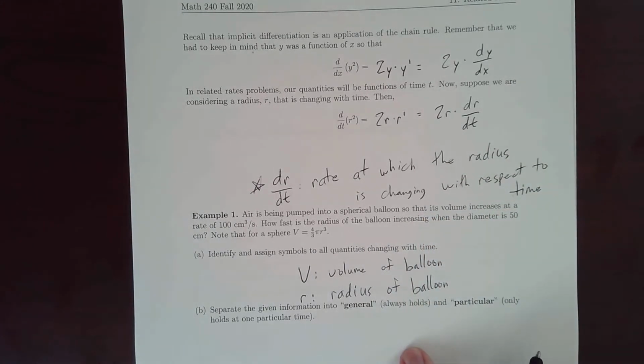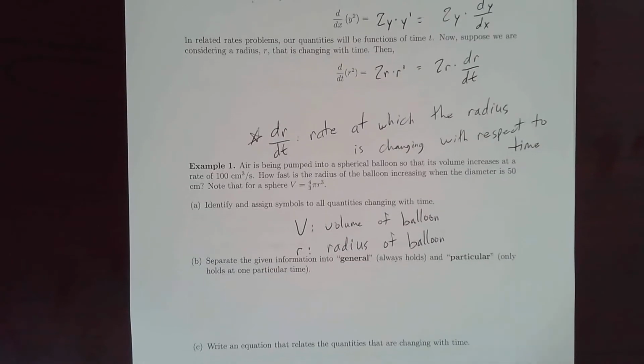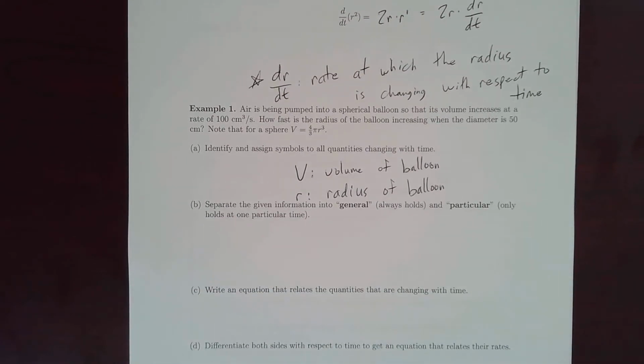Alright, so next we want to go ahead and split our information into information that always works, or works in general, or particular, or it only is true about a particular instance in time.